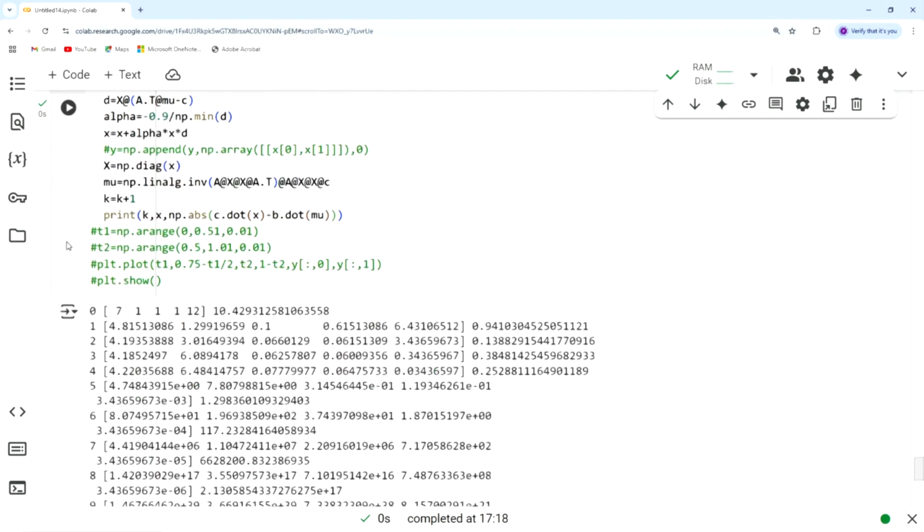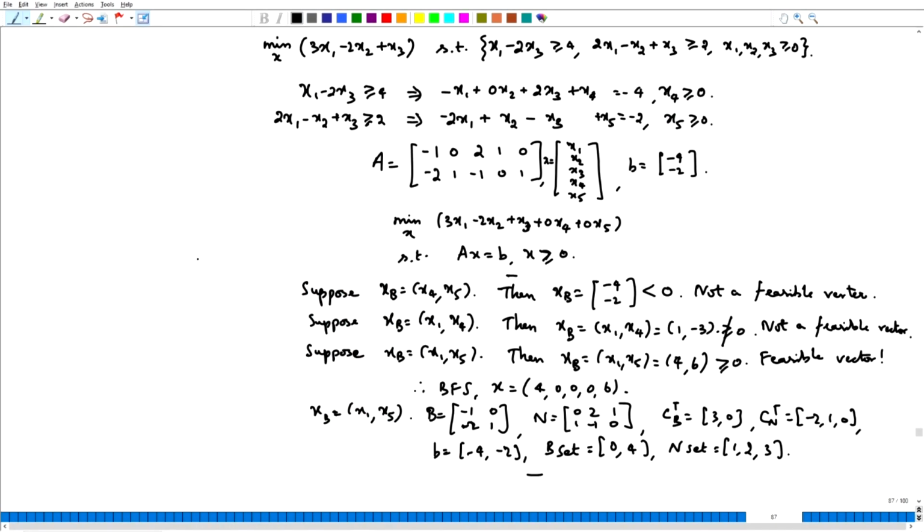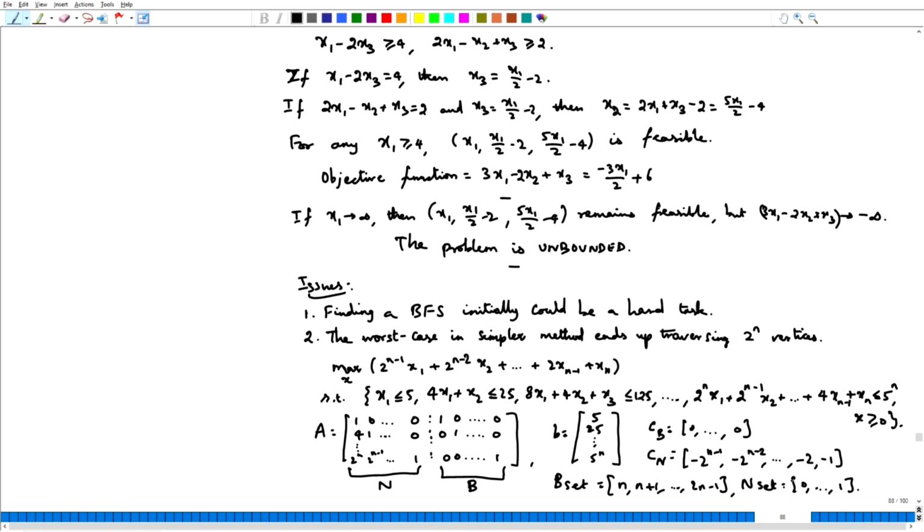If you want to avoid this unboundedness, you can just modify your C to be minus 1, okay. To give you an idea of what is happening, recall that 3x1 minus 2x2 plus x3 was blowing up because x1 by 2 minus 2 and 5x1 by 2 minus 4 was feasible, right.